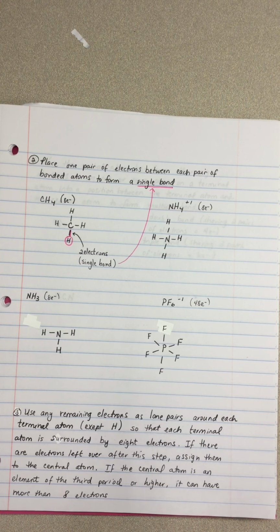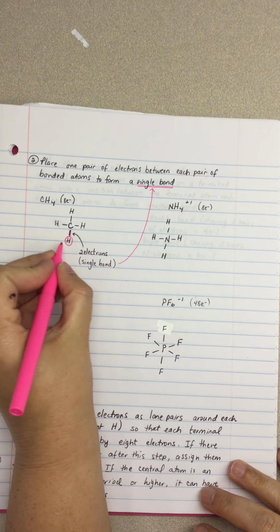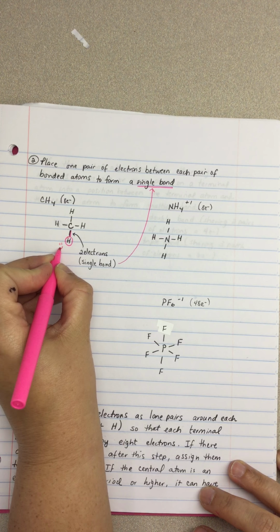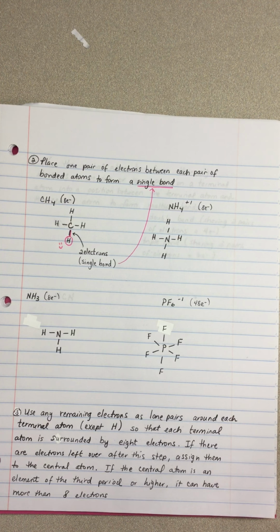So that line that you have right there in pink represents 2 electrons that are being shared between your carbon and that specific hydrogen. Hydrogen has a complete octet with 2 electrons. You have it in your exceptions. So hydrogen is happy with 2 electrons, because for hydrogen 2 electrons means a complete octet.